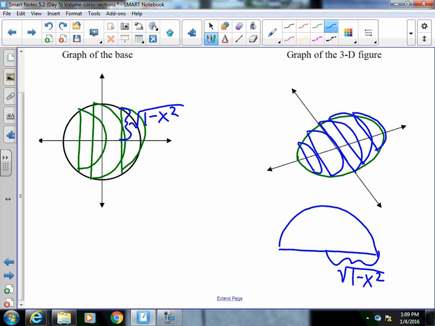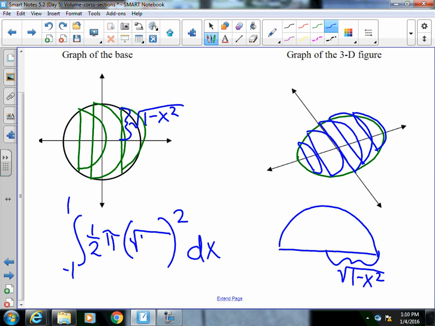Now, we're adding up a bunch of semicircles, so again, still the same region, the area of a bunch of semicircles with x thickness. How do you find the area of a semicircle? Well, it's half a circle, so 1/2 pi r squared. And r is radical 1 minus x squared.